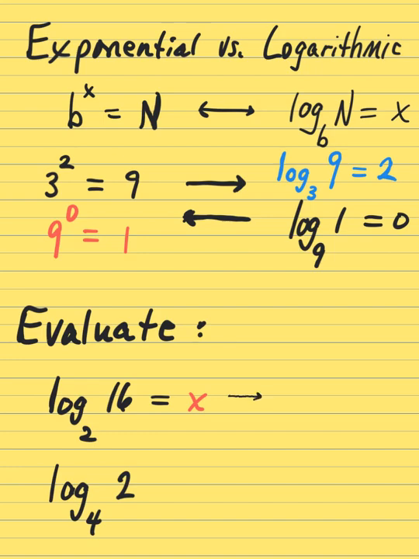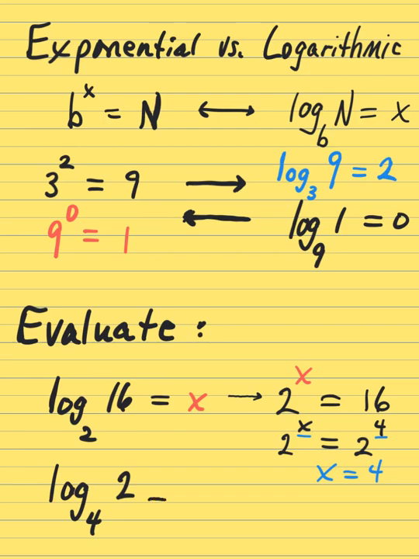Our base number is 2, our overall numerical value is 16, and again with logarithms, it is a missing exponent that you're after. Since 16 is 2 to the 4th, and we remember that one-to-one property from the last video, if the common base is 2, then we can set the exponents equal. And so this problem has an answer of 4. And sure enough, that's the correct answer. 2 to the 4th power is equal to 16.